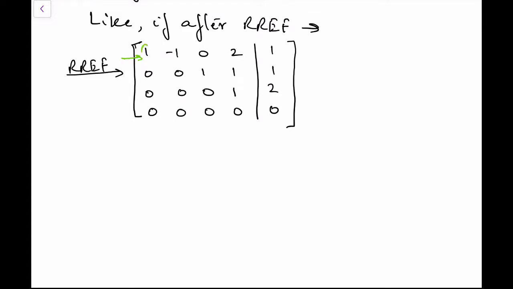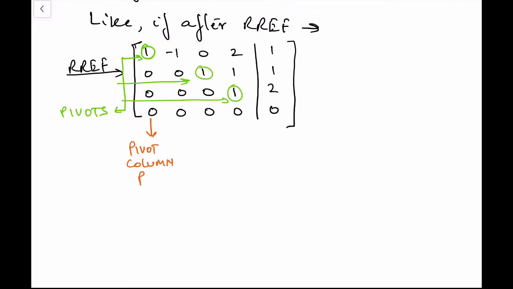So here the leading entries for rows 1, 2 and 3 are 1. So these are the pivots, and pivots are the only non-zero entries in columns 1 and 3 only. So column 1 is a pivot column and we can write it as px1.